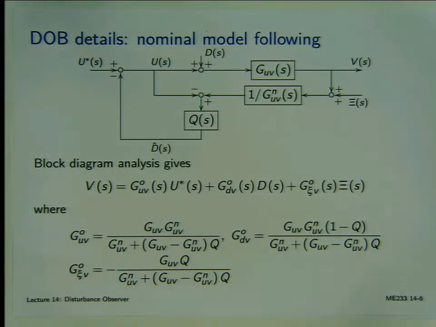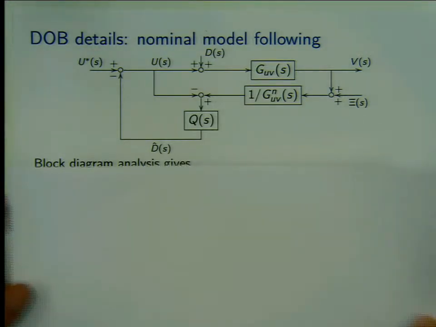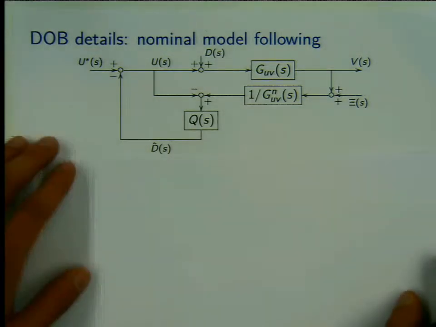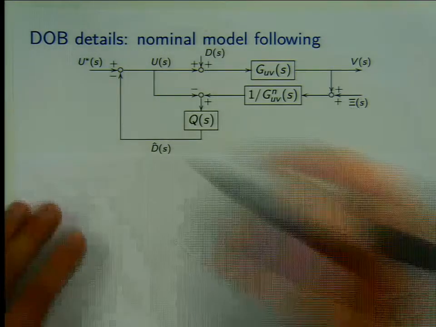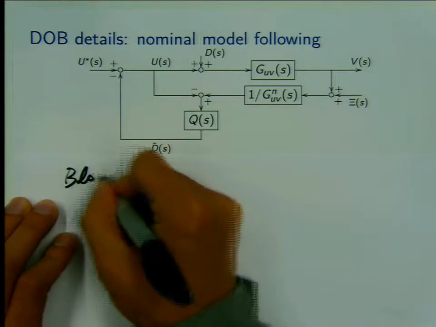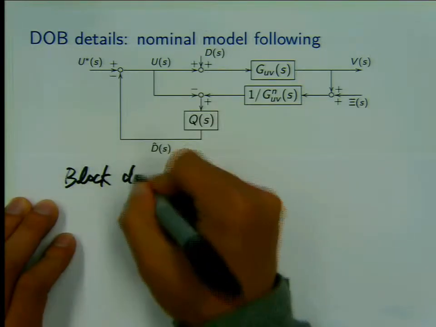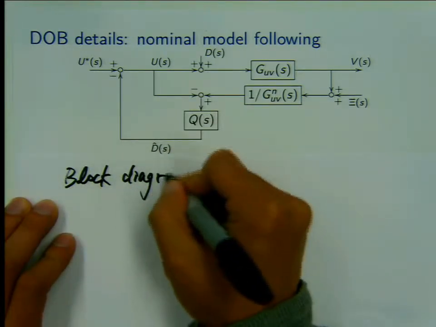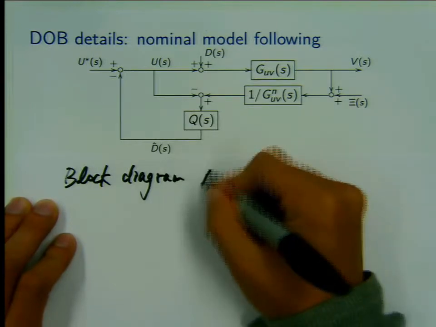Now, I want to go from a different approach to hopefully give you some idea of how we can do very quick block diagram analysis. This is not in the reader, so you might want to write it down. Block diagram analysis.